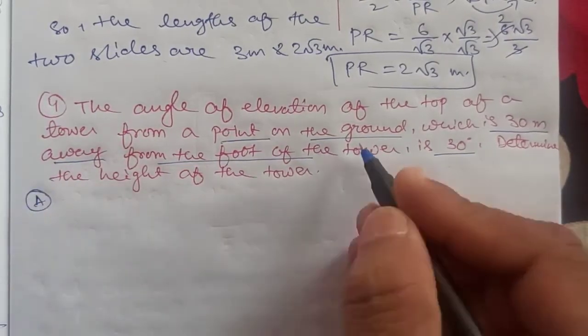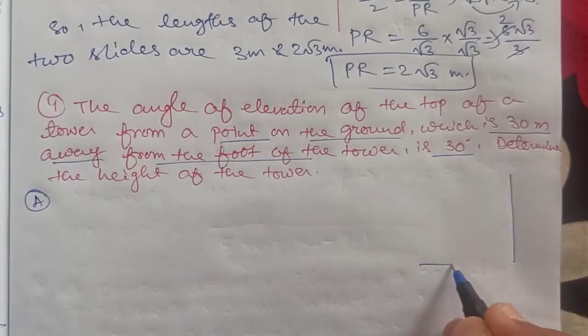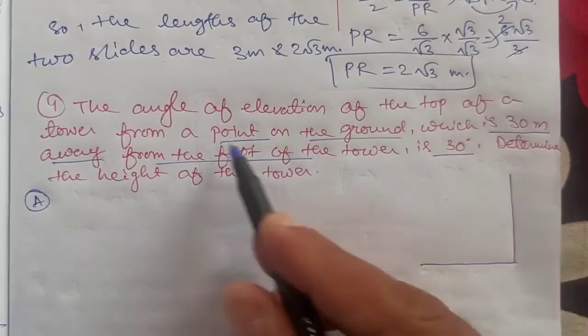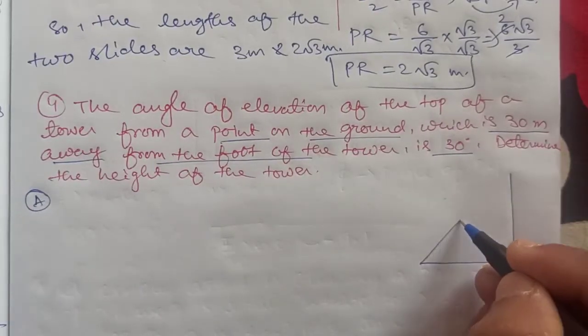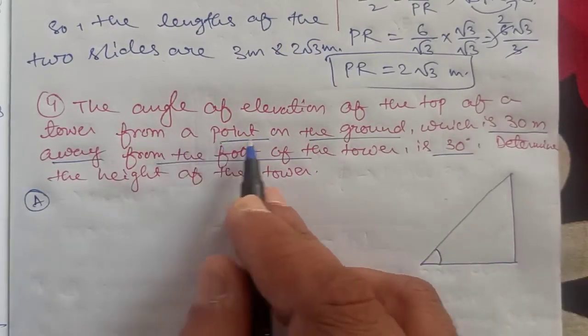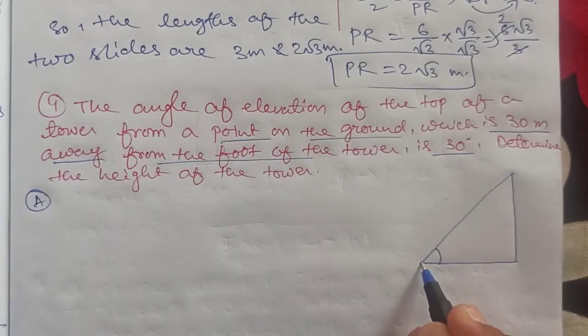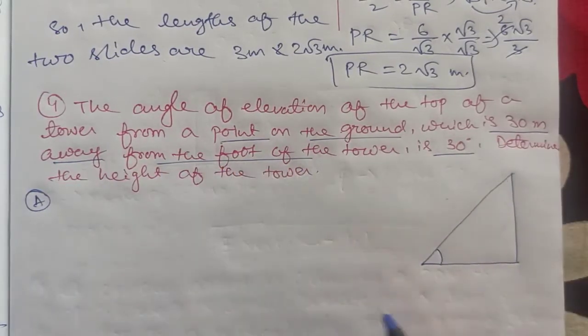Okay, so there is a tower standing on the ground. This is the ground we will take. The angle of elevation of the top of the tower, that means from a point we are seeing the top of the tower. This is the angle of elevation from a point on the ground, which is 30 meter away from the foot of the tower.